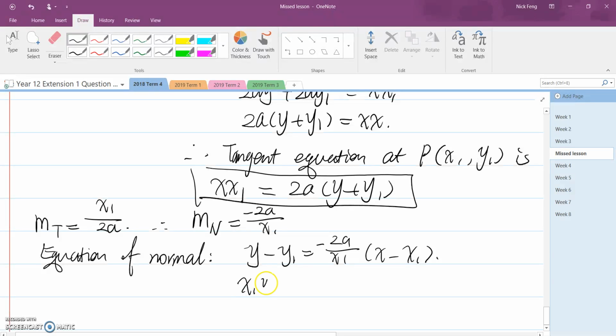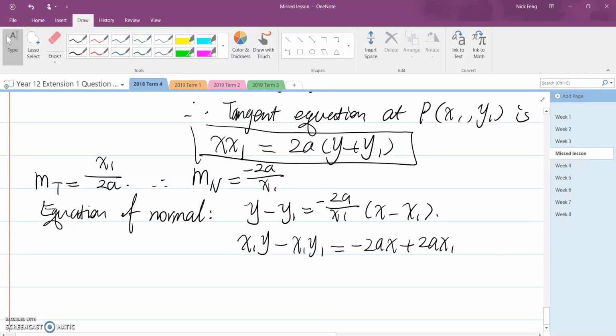So x1y minus x1y1 equals negative 2ax plus 2ax1. Okay, so they normally put all the variables together, and all the constant numbers together. So basically we get 2ax plus x1y equals x1y1 plus 2ax1.